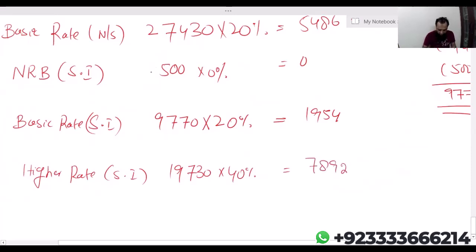If you just add 500, 9,770 and 19,730, you'll get 30,000 of the saving income which we have taxed. Okay, great.